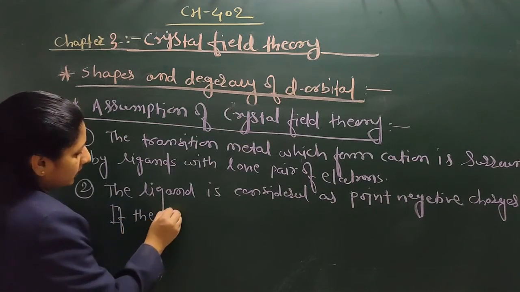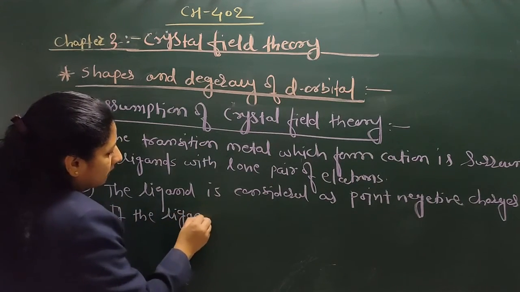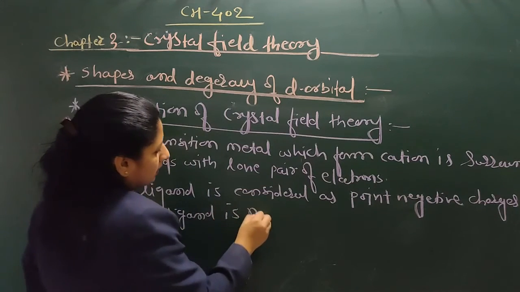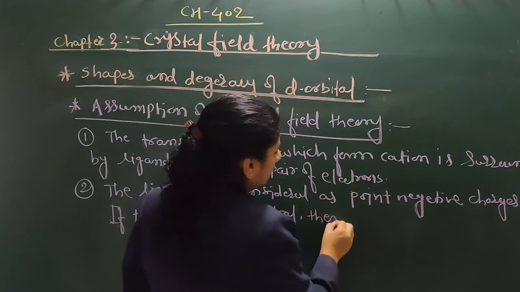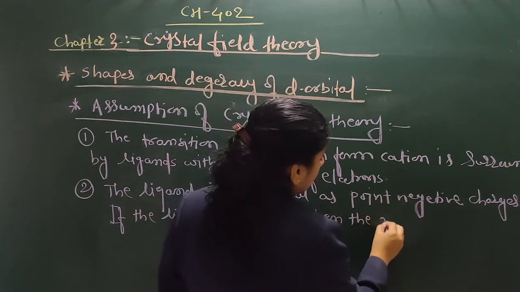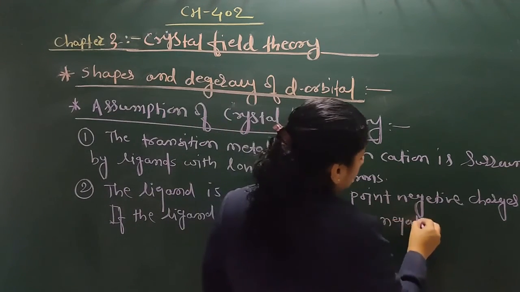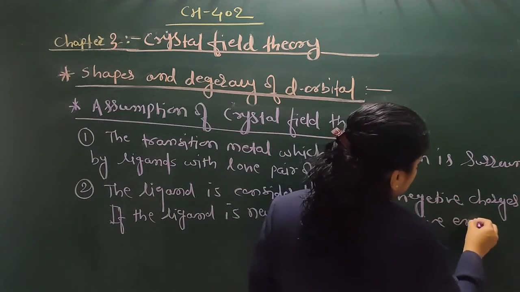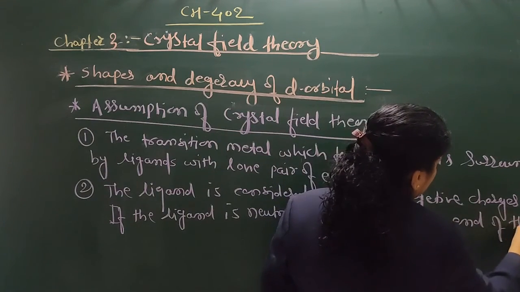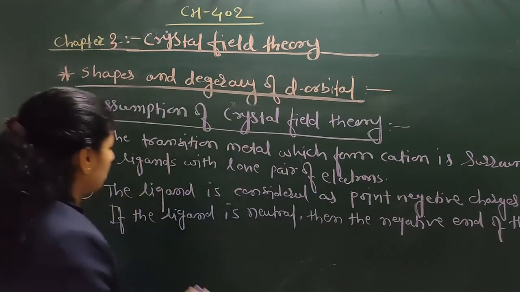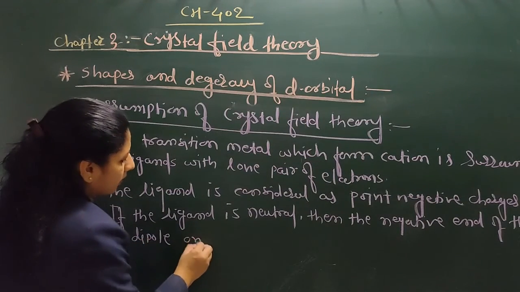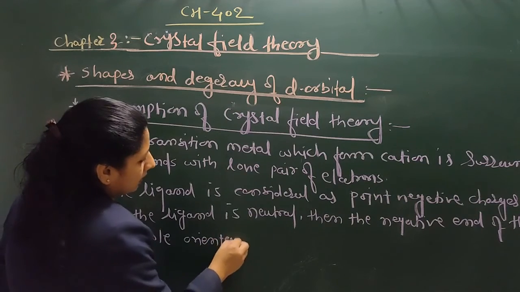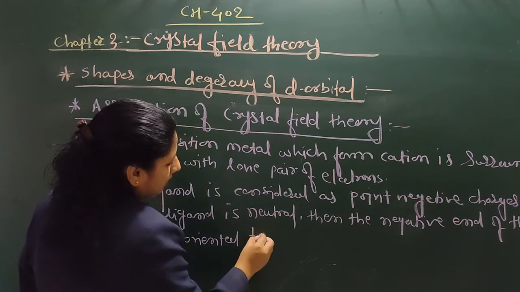If the ligand is neutral, then the negative end of the dipole is oriented toward the metal cation.